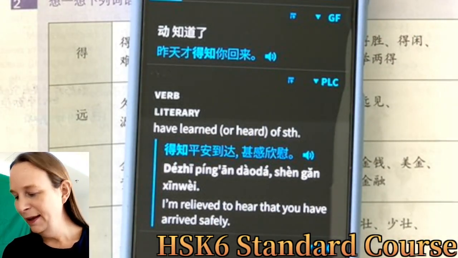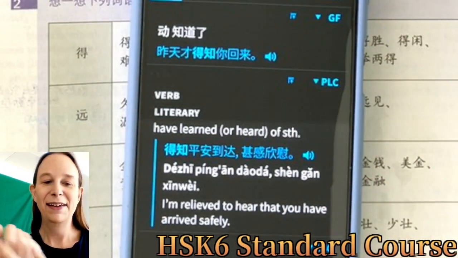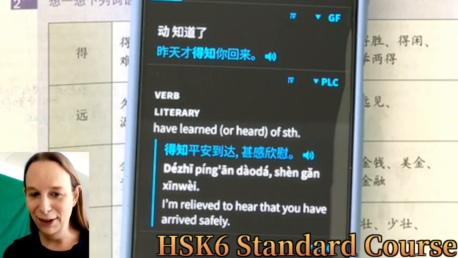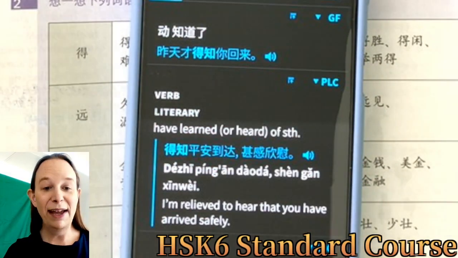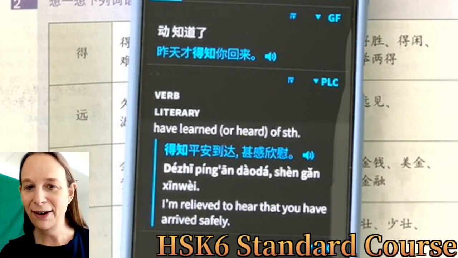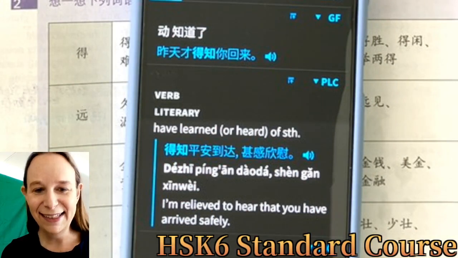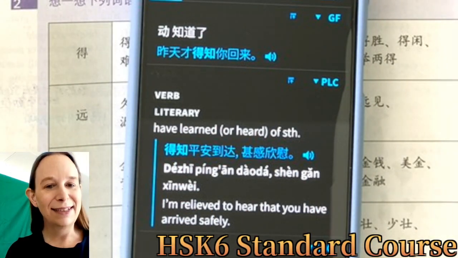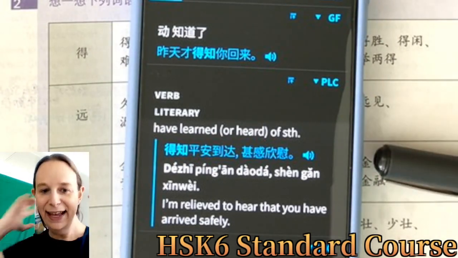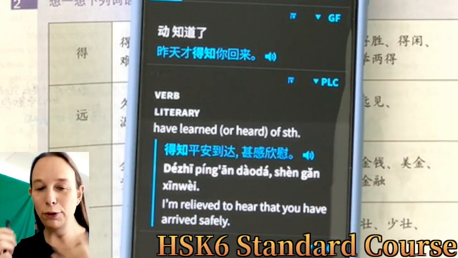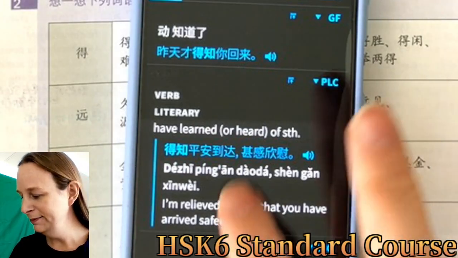So this does not mean this person returned to Japan yesterday. It means I learned that they returned to Japan yesterday. They may have returned several years ago. And in fact, the 才, not 天才, the 才 indicates I was late in this learning process, right? So it's emphasizing that I could have known much earlier, but I didn't. I only know now.